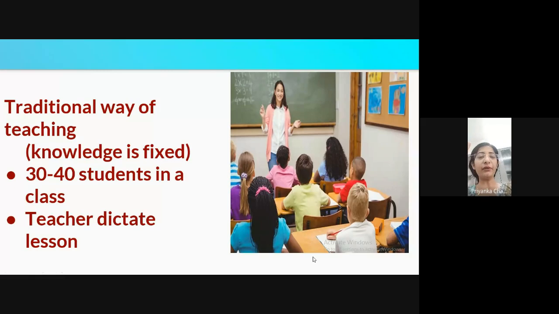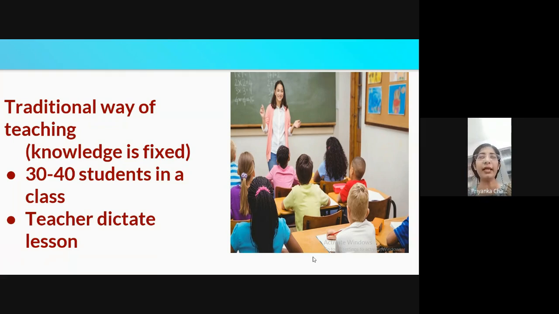Yes, it is teacher centric. It is not student centric. The teacher dictates the lecture. Whatever the teacher is dictating, they are just writing it down. Here knowledge is fixed. This is called the traditional way of teaching. So it is like a file being transferred from one computer to another, right?